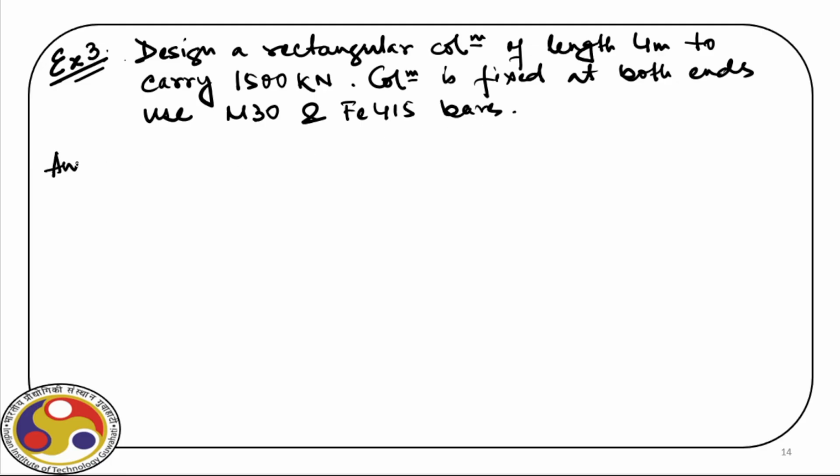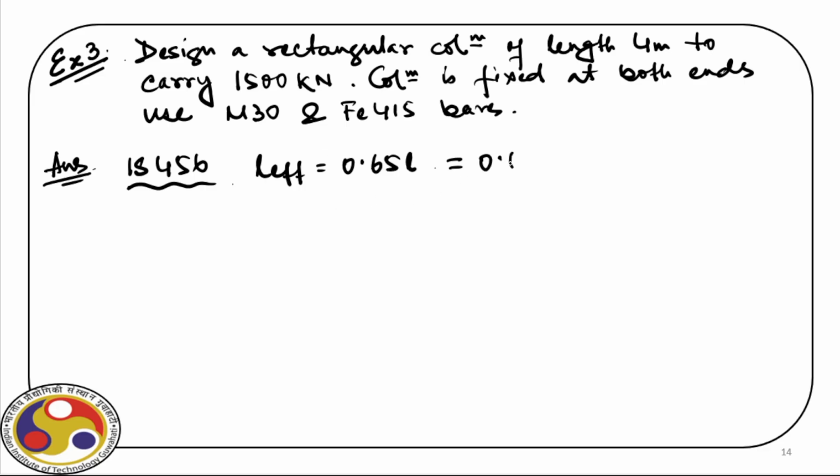So let us complete the design. So as per IS 456, L effective for fixed is 0.65 L. So we have 0.65 into 4, which is 2.6 meter.